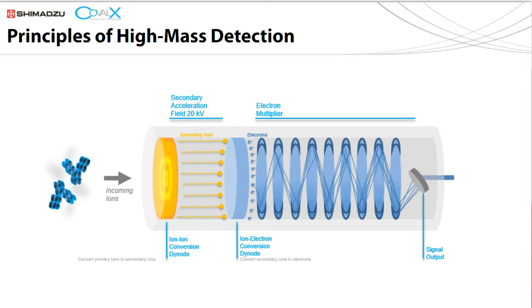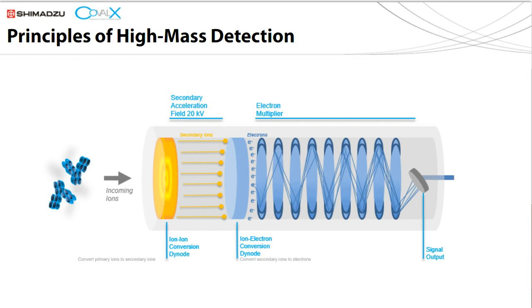The main difference here is that the incoming ions from the time-of-flight experiment, upon impacting, don't directly create electrons, which are then measured, but instead undergo an ion-to-ion conversion, creating secondary ions upon impact of an ion conversion dynode. So there's a special ion conversion dynode at the front of this detector that upon impact of these larger, lower velocity ions can more efficiently kick off secondary ions.